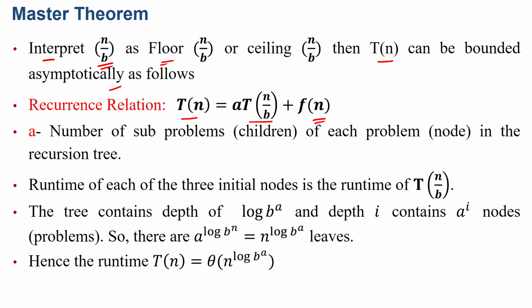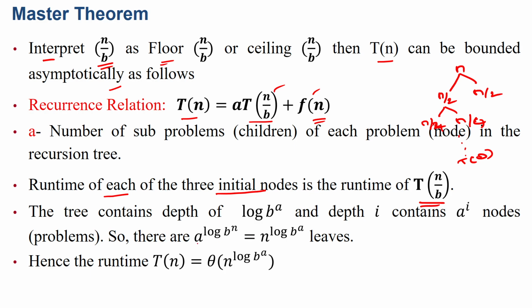So when we take the recursion tree, n by 2, here also n by 2, then n by 2 is partitioned into n by 4, and it keeps going until the initial condition T of 0. Based on that, the runtime of each of these initial nodes is T of n by b.